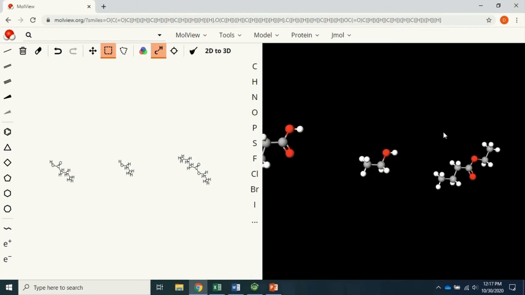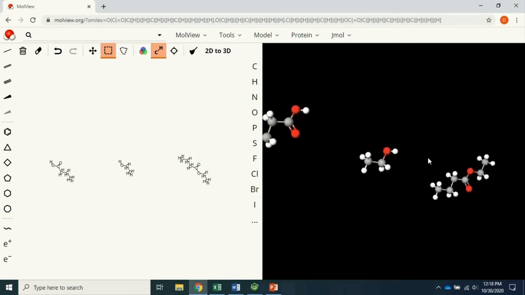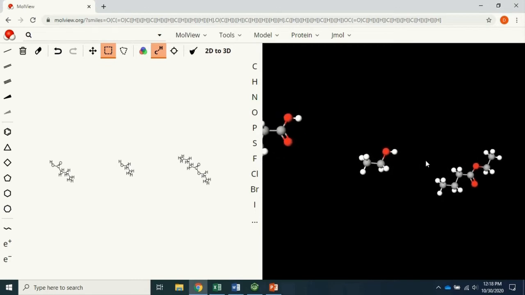So that's the ester, with a kind of grape, fruity smell which will occur. Remember, butyric acid has an unpleasant odor, and you've converted this to a fruity odor. That's the objective of esterification.